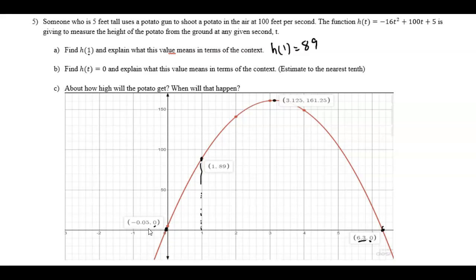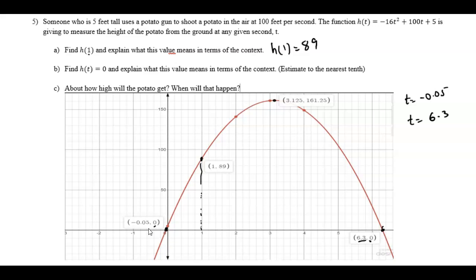Now we have t equals negative 0.05, that's when the height is 0, and we also have t equals 6.3. How do I know which one is my answer? We're talking about time. Remember, time cannot be negative.